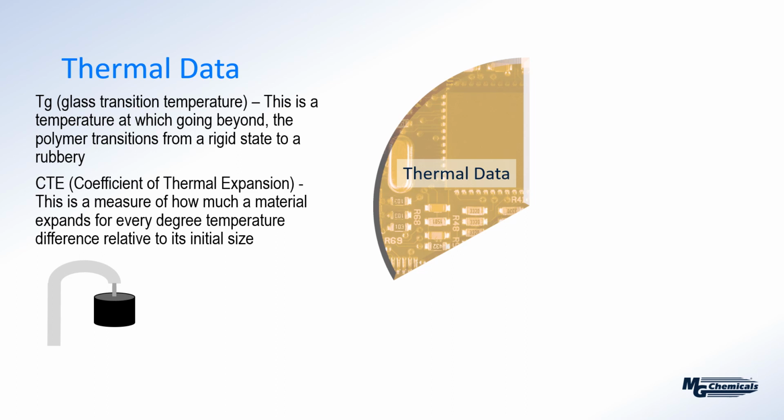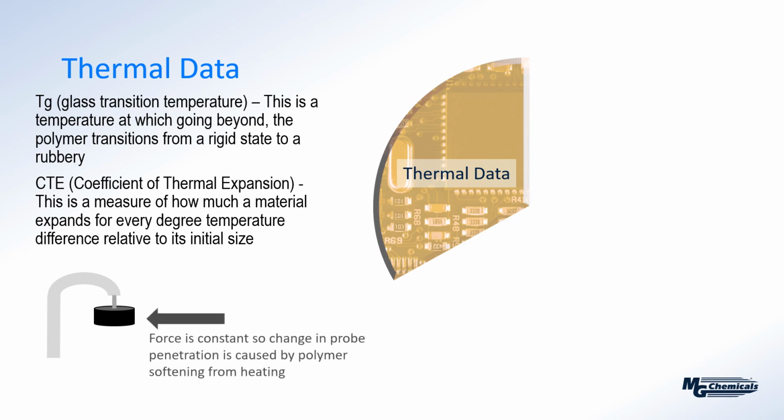Let's say we place a probe on top of a cylindrical sample, and then we tell that probe, okay, exert a very constant force. So the force that the probe would be exerting, pushing down on that sample, does not change. It stays the same. Then we put it into a thermal chamber, and what do we see? Well, as we continue to heat the sample, what we notice is that it starts to soften.